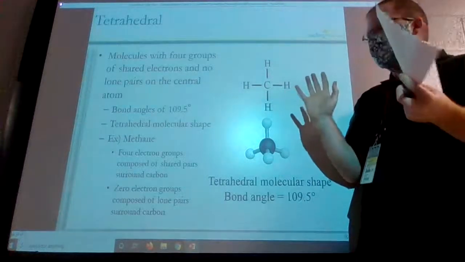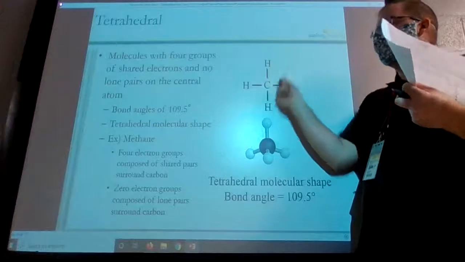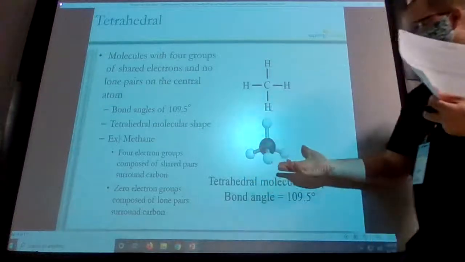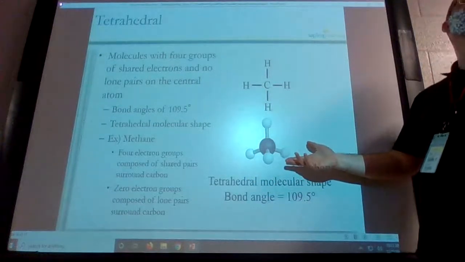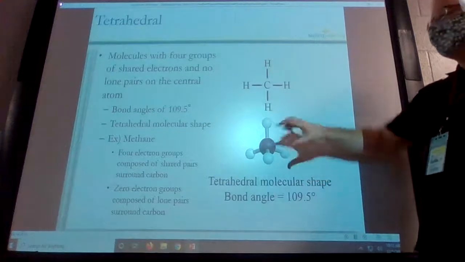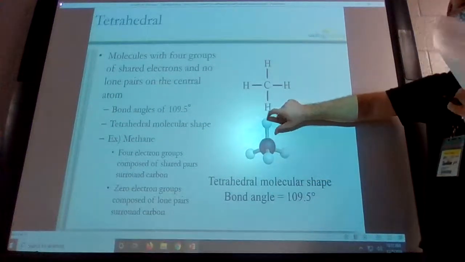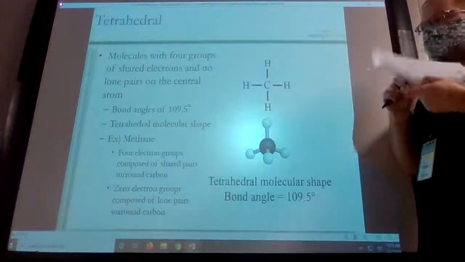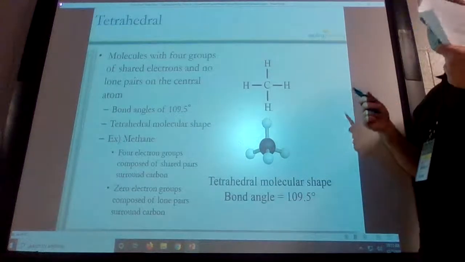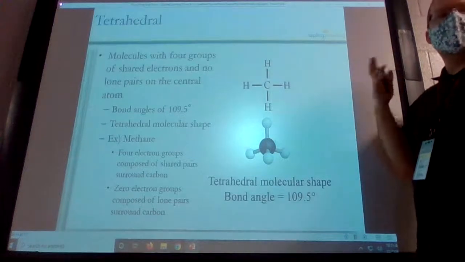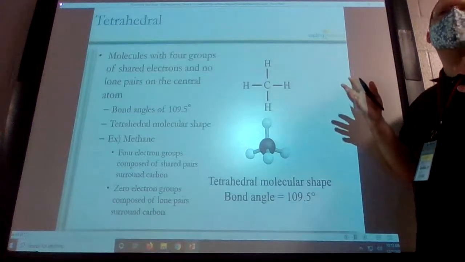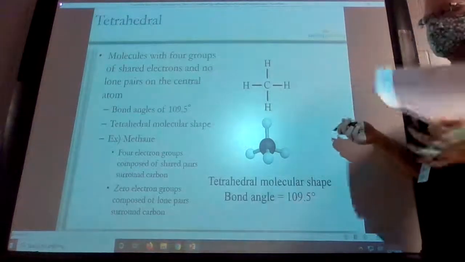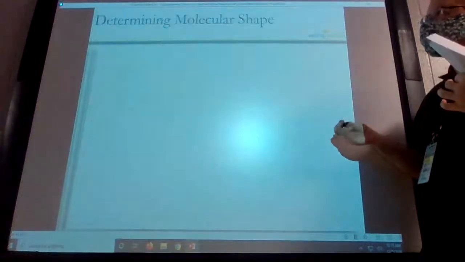There's not going to be any extra electrons. So like carbon and 4 hydrogens around it is going to look like this. It almost looks like that trigonal pyramidal, but there's actually an atom up top and not just a loose group of electrons. And so for the most part, you're going to use this chart and use your knowledge of how many dots each of these elements should have to figure out what the shape should be.